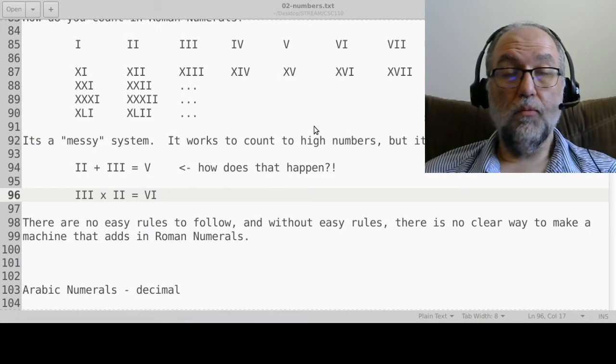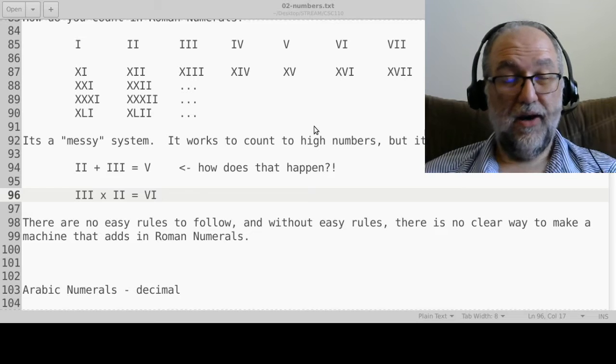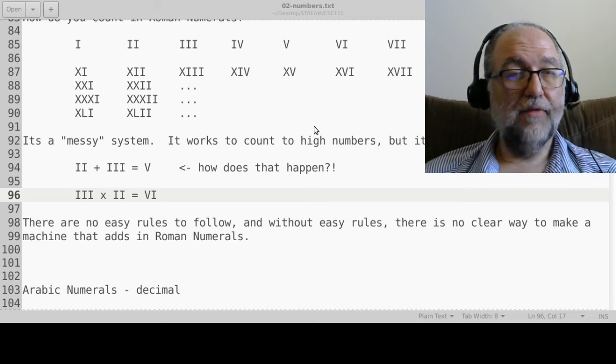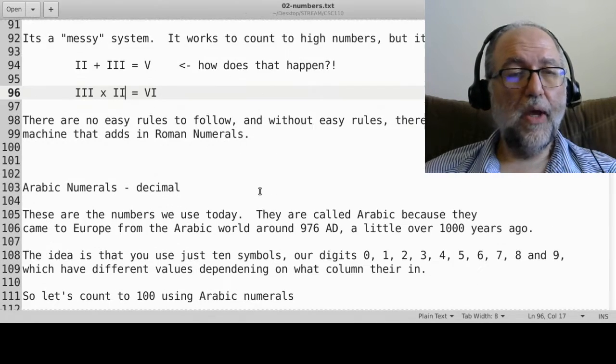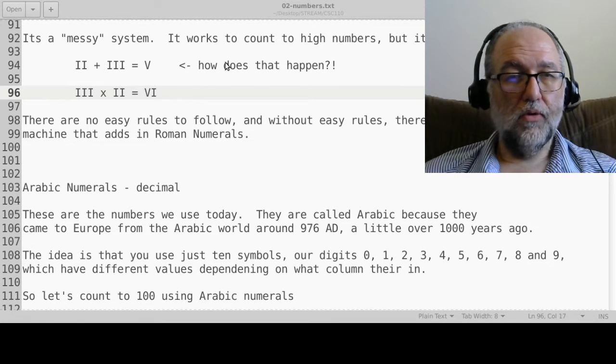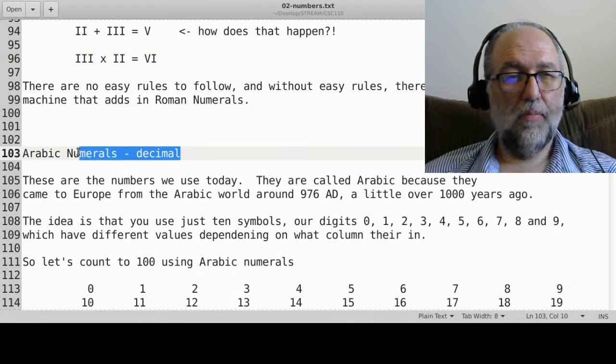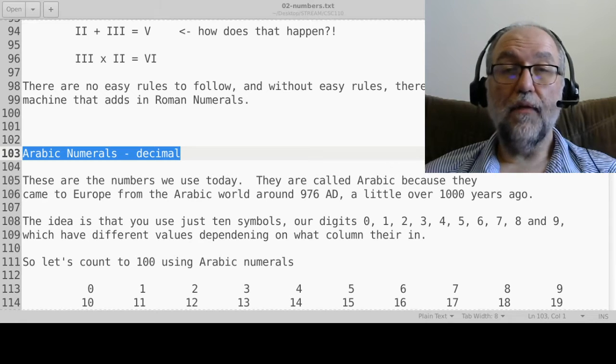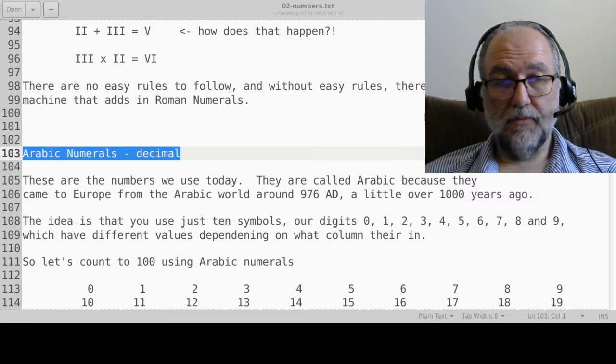Now, we don't use Roman numerals today in our everyday life. Like I said, they're just kind of ornate. We use what are called Arabic numerals, and you'll go, wait a sec, Arabic numerals? I've never heard them called that before. That's the decimal system.